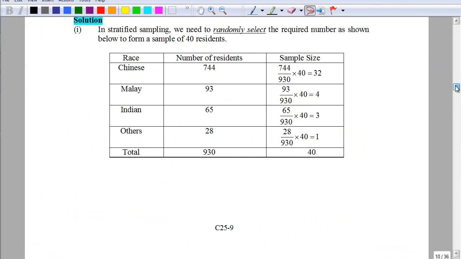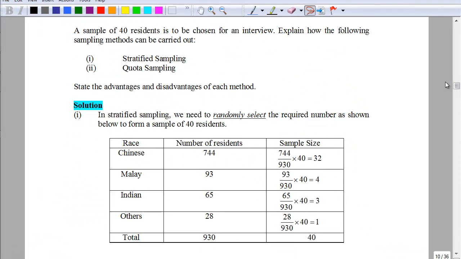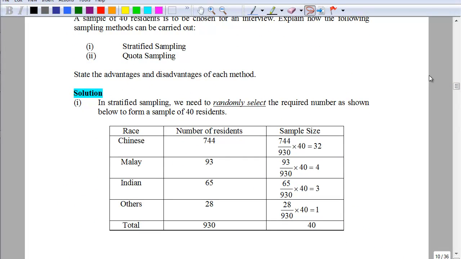So for the different strata, Chinese, Malay, Indian and others, in terms of the races, according to the information we've given, the number of residents for Chinese, let's say 744, Malay 93, and so on and so forth.